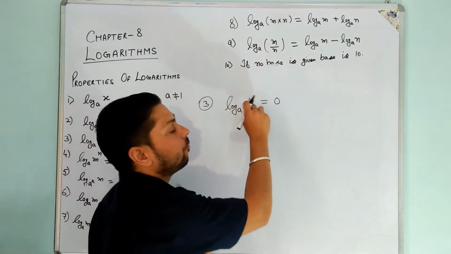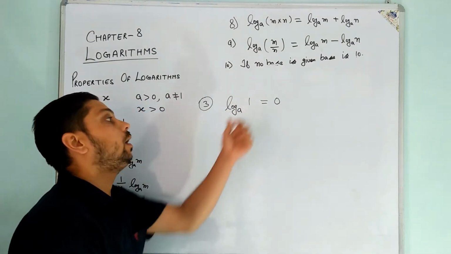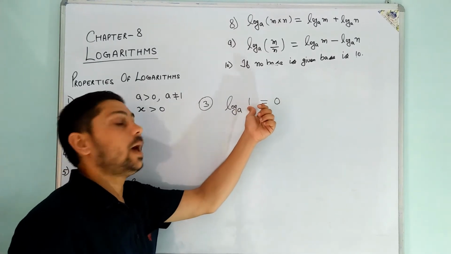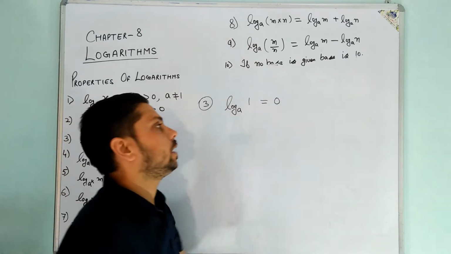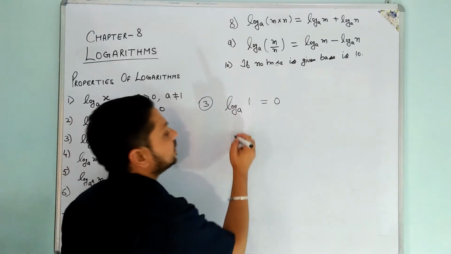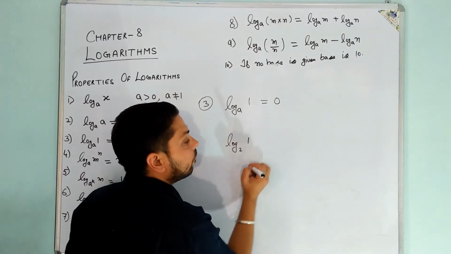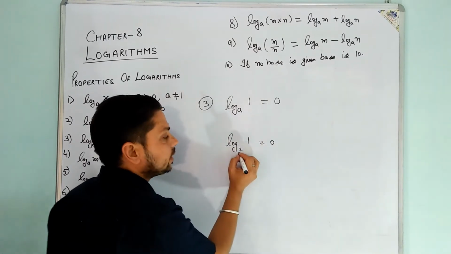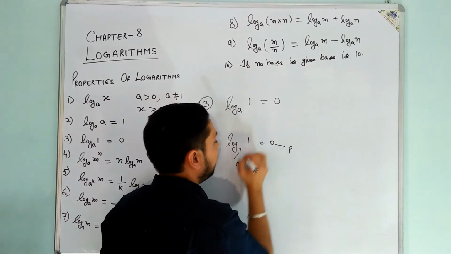Log of 1 with base a is equal to 0. Any base you take, but x is 1 here, log of 1 is always equal to 0. Now let us see how log of 1 with base 2 is equal to 0. This is base, this is power, and this is answer.